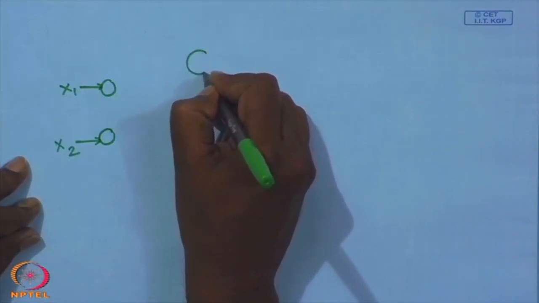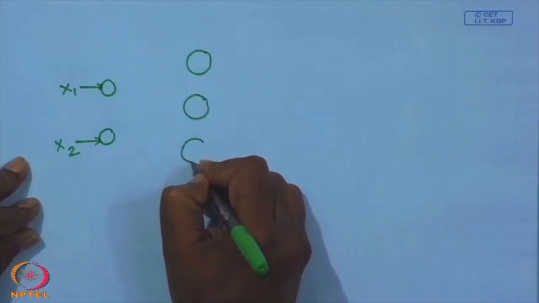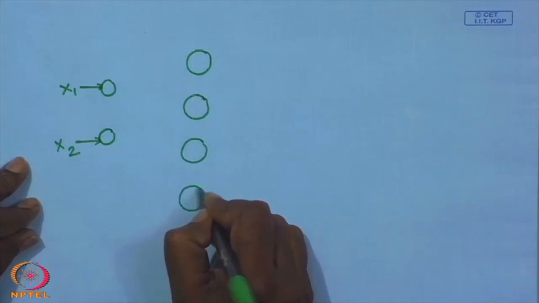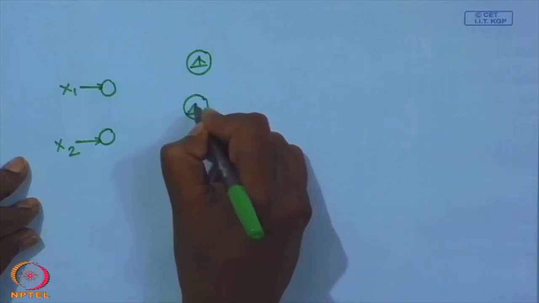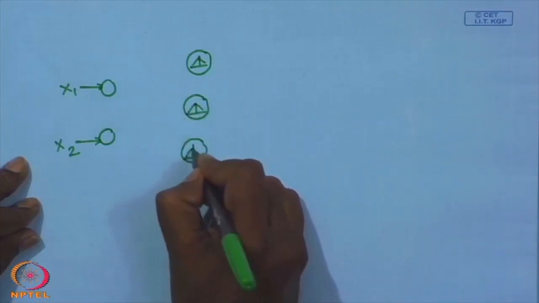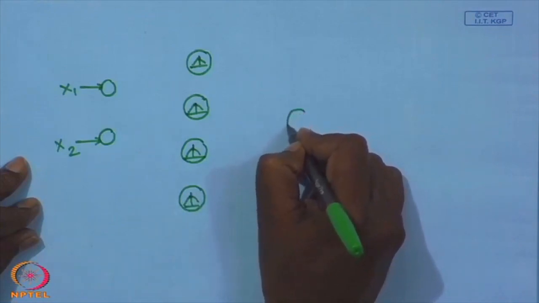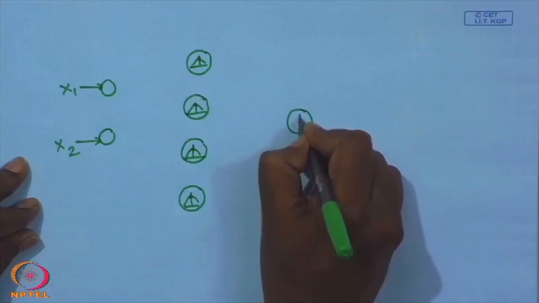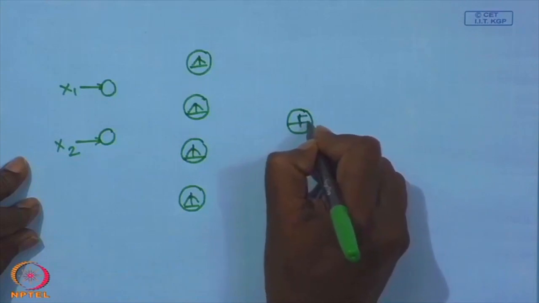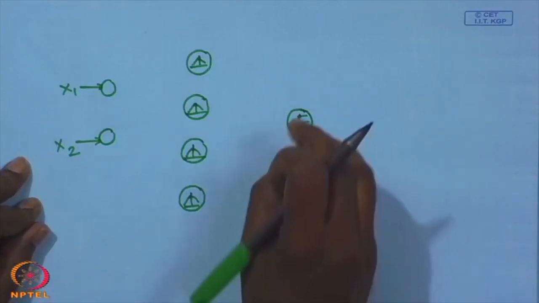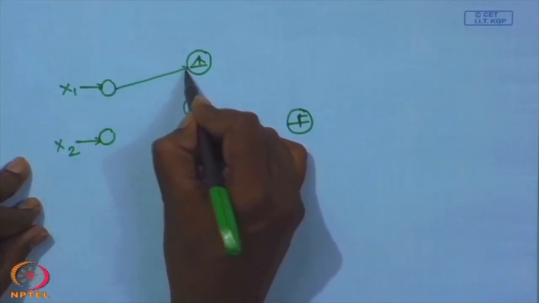I had 4 nodes in the hidden layer, which computes the radial basis function, and I had one node in the output layer, which is a nonlinear operator or a threshold operator. The connections are like this.